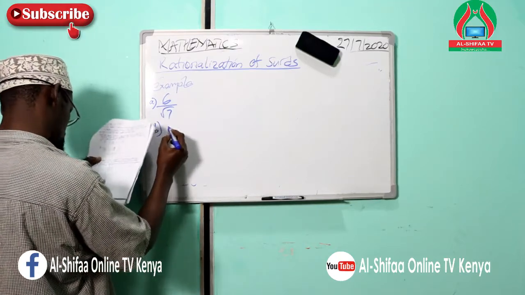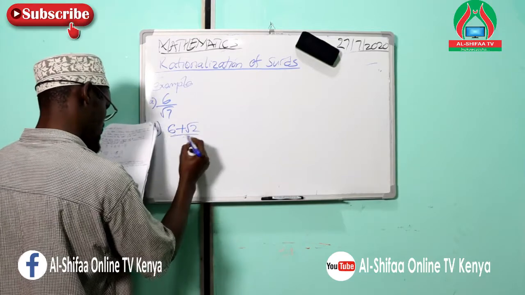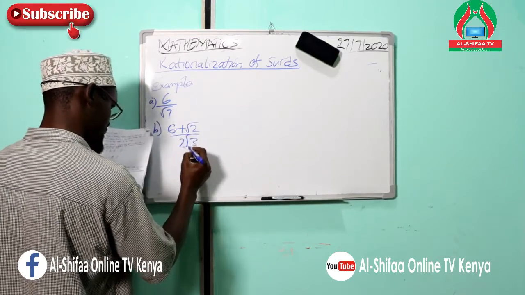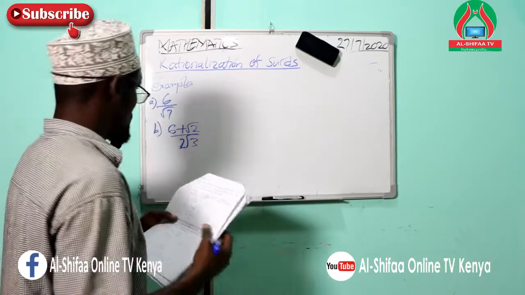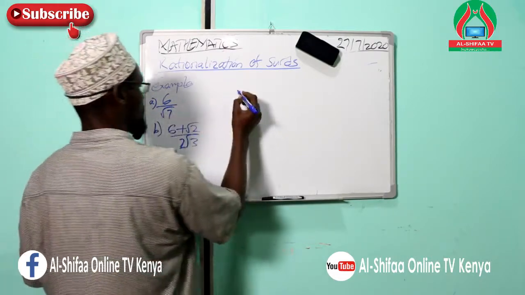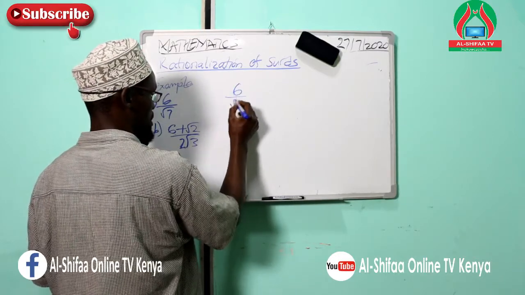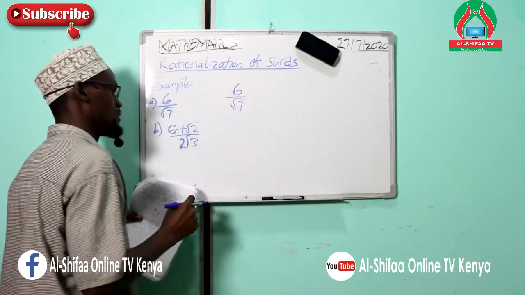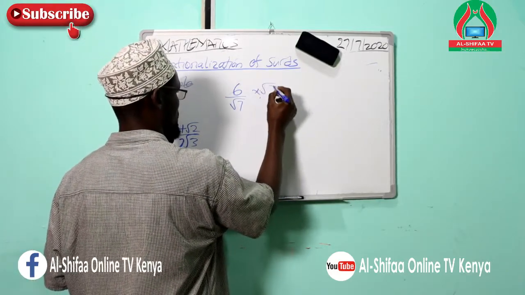Second example, you have 6 plus root 2 over 2 root 3. So in the first example, we multiply the denominator and the numerator by root 7.